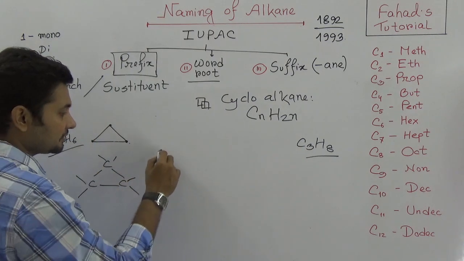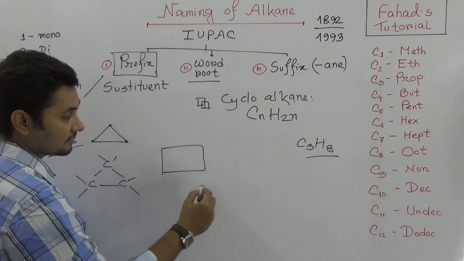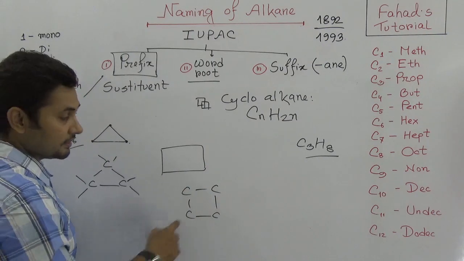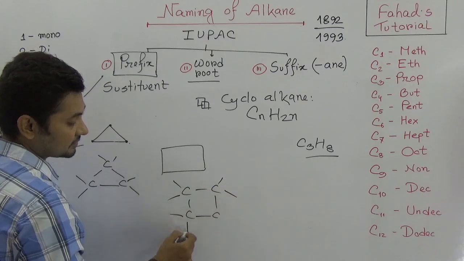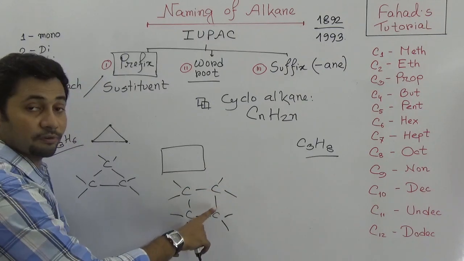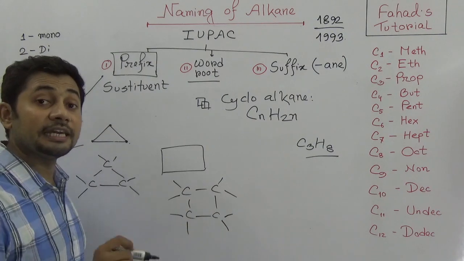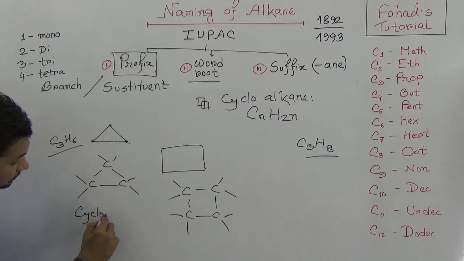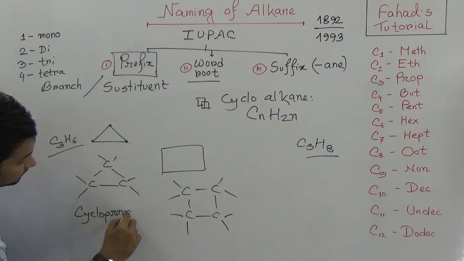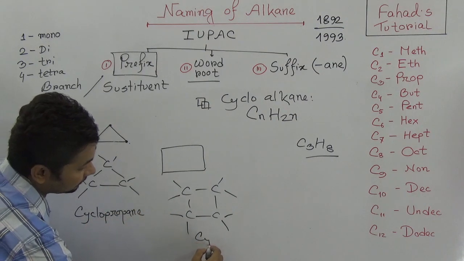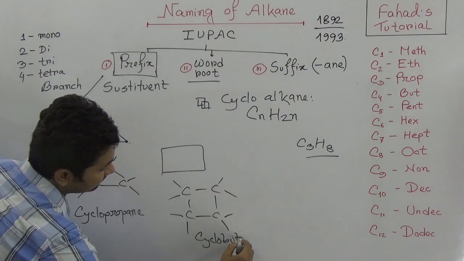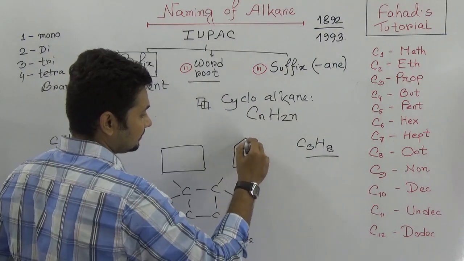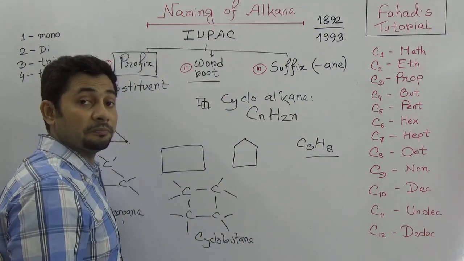When there is cyclobutane, it's like this: 1, 2, 3, 4. And every carbon has 2 hydrogens attached. That is C4H8. This is called cyclobutane. So we say this is cyclopropane and this is cyclobutane. If you go for a fifth like this, that should be cyclopentane.